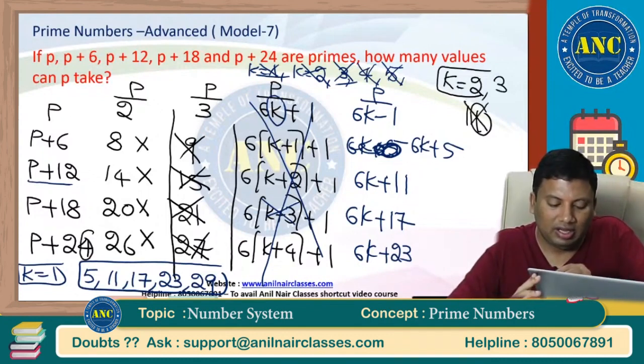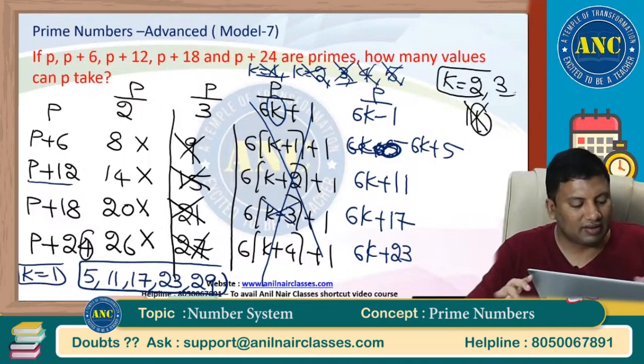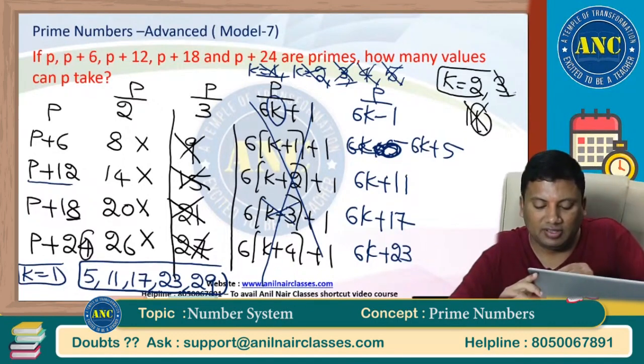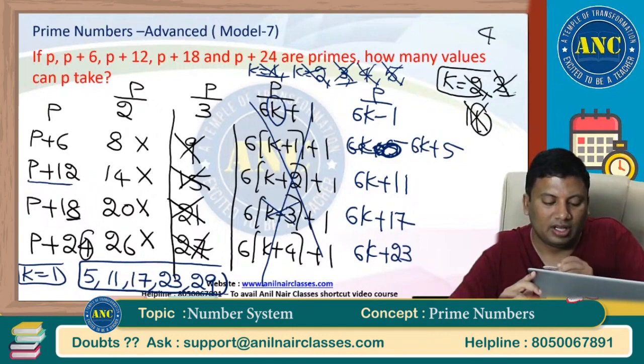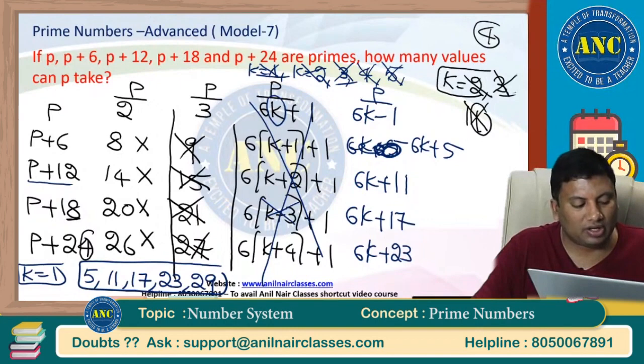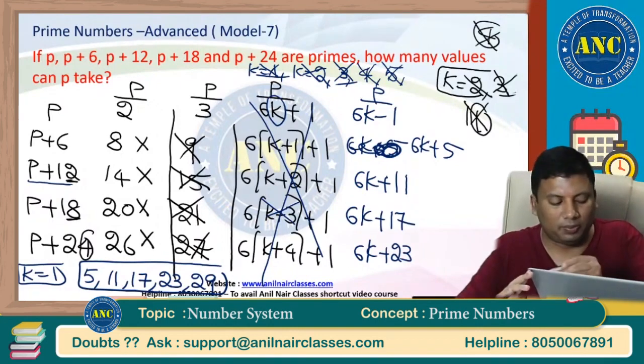These are out. If I put k equal to 3, 6 into 3 is 18. 18 minus 1 is 17. 17 plus 18, 7 plus 8 is 15. It is divisible by 3. Are you all with me? If it is 4, 6 fours are 24, minus 1 is 23. Unit digit 3 and it is 2. These are also not possible.